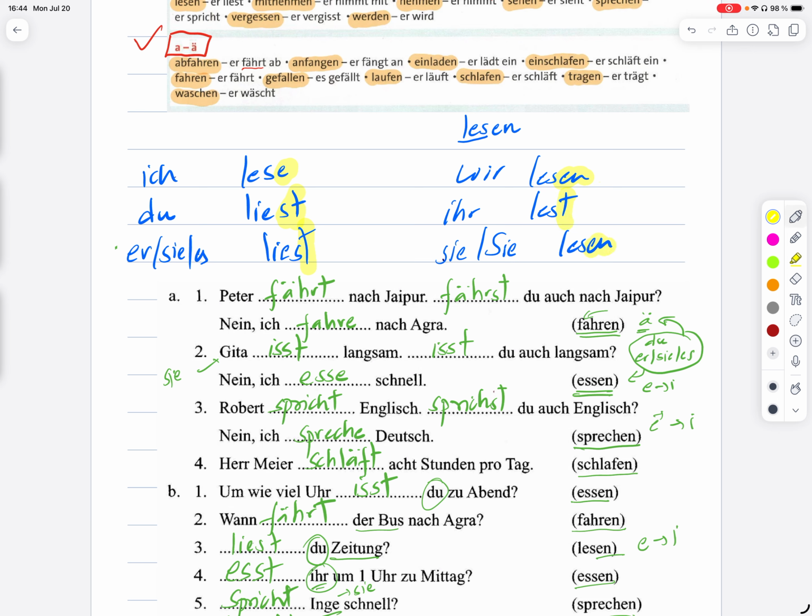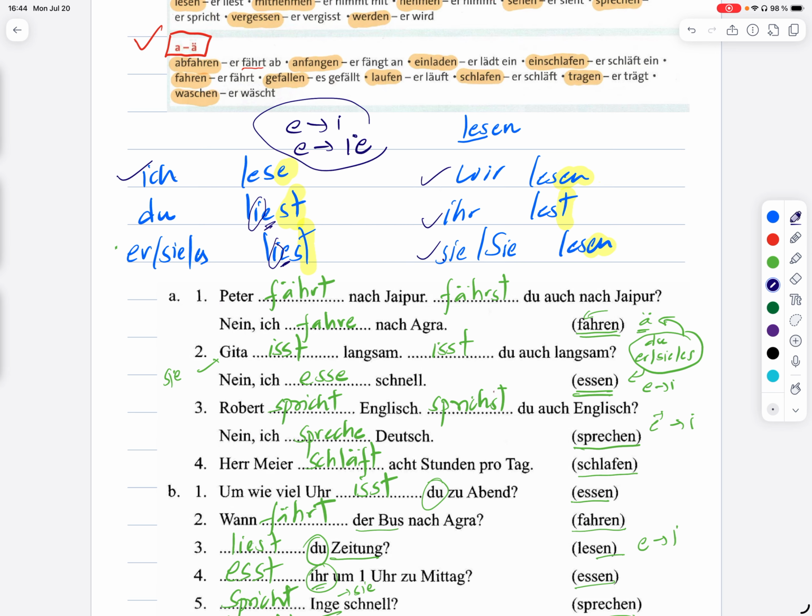And for ich, for wir, sie, we did not change, we just followed the rule. And then for e, we have to change to i, right? That's what happens. So here i and i. But you see there's an extra e also. So this change happens that e goes to i or e goes to ie, right?